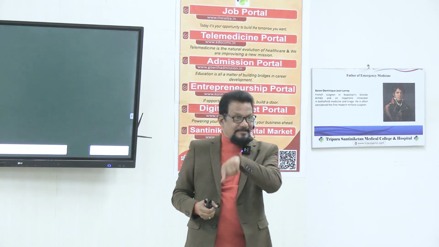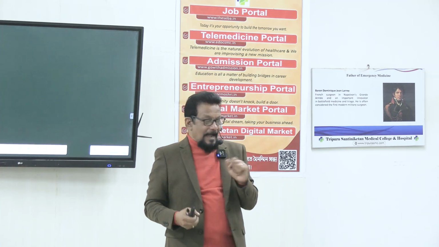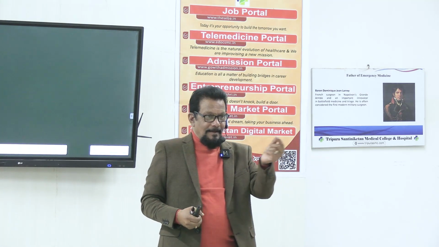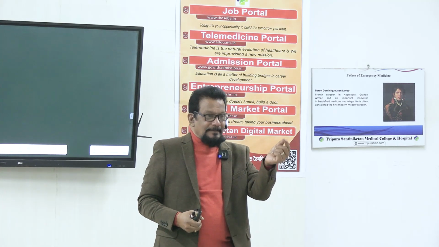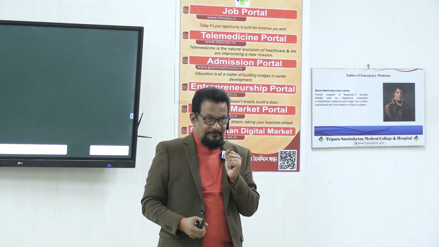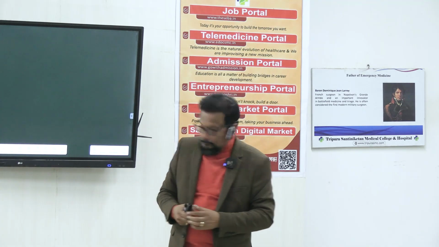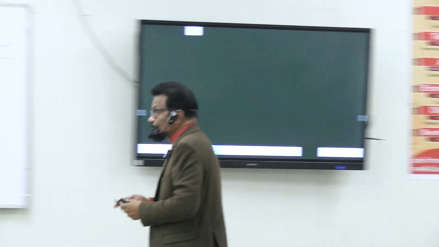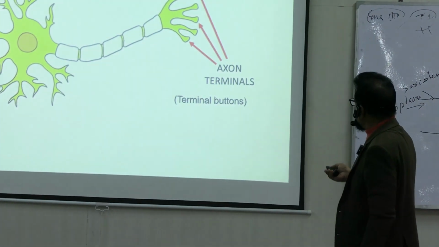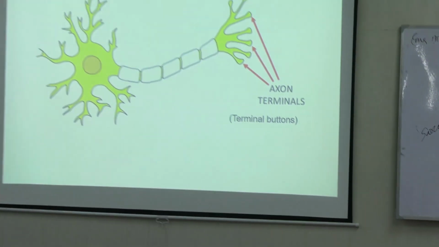So let us see how these are the structures. Now let us see how the nerve impulse passes across this junction. What is the mechanism? Axon terminals.